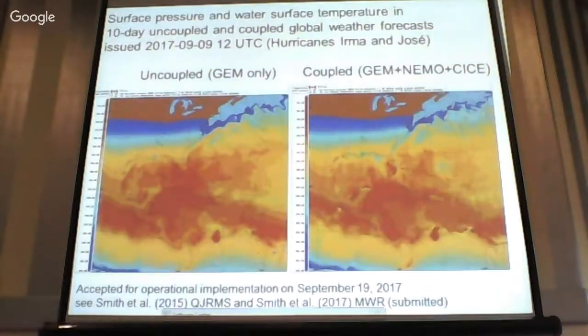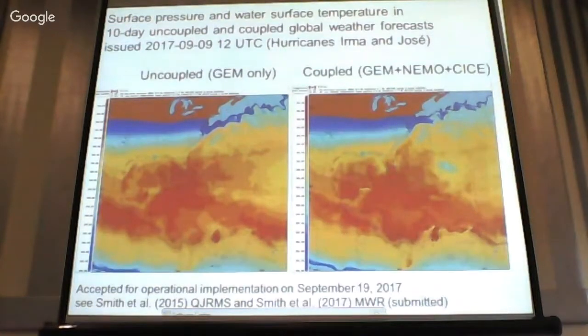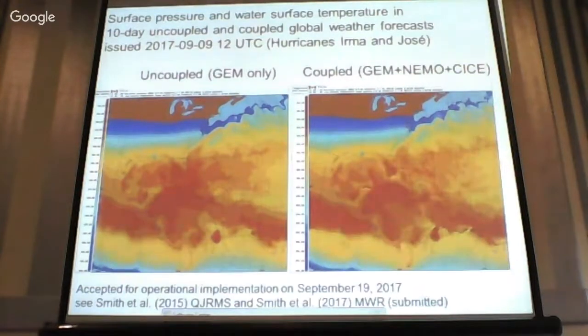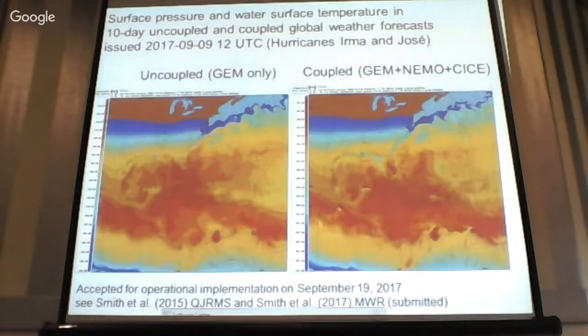It's a configuration of GEM coupled to NEMO globally at 25 kilometer resolution. So what you're looking at here, the background color is the ocean temperature, so this is Irma and Jose here.